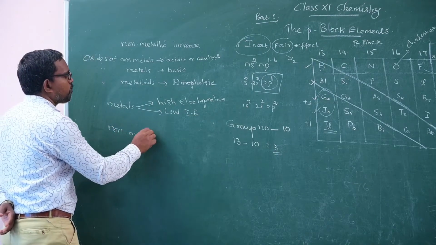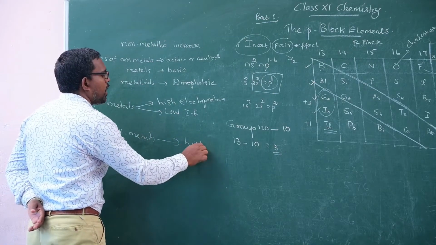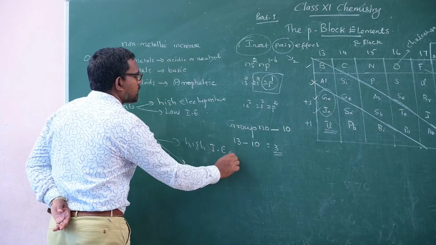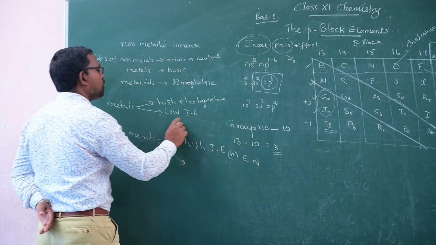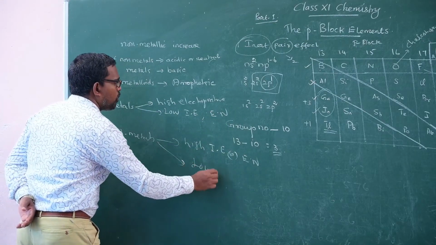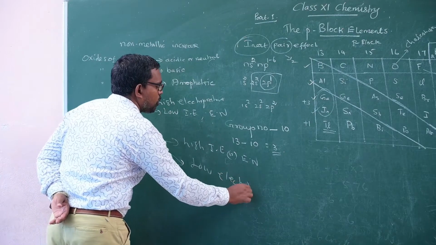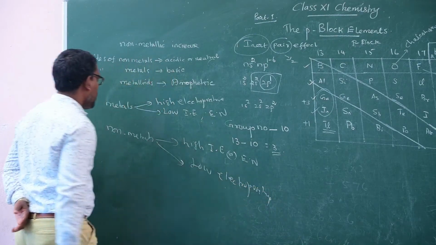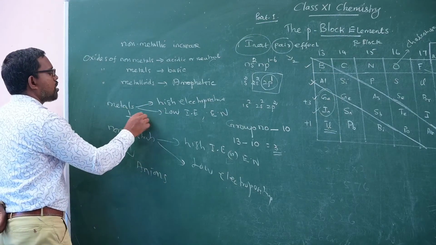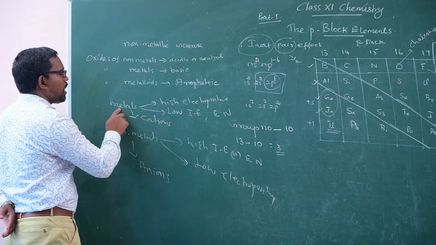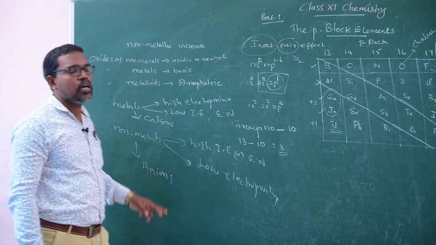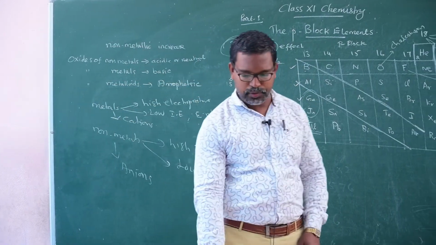Non-metals show high ionization energy and electronegativity, and low electropositive nature. The non-metals readily form anions, while metals readily form cations.